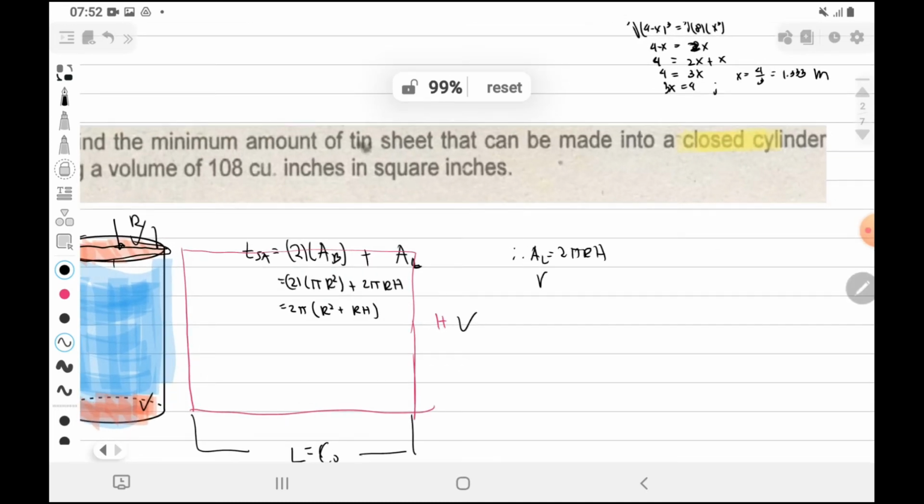So volume is equal to 108 inch cube. So volume is equal to area of the base of a cylinder, which is pi r squared, multiplied by height, di ba?